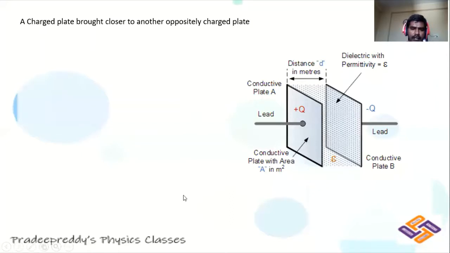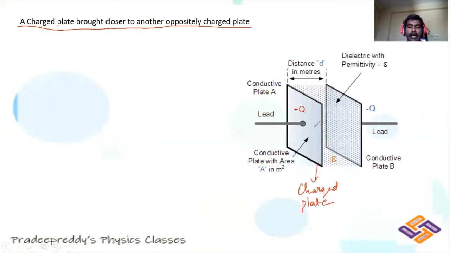See, in the heading itself, it is mentioned: a charged plate brought closer to another oppositely charged plate. So what you are doing is taking a positively charged plate. This is a positively charged plate.